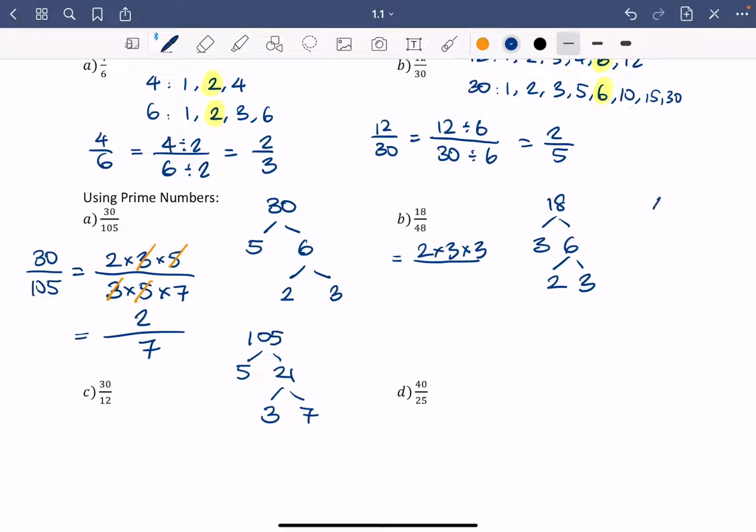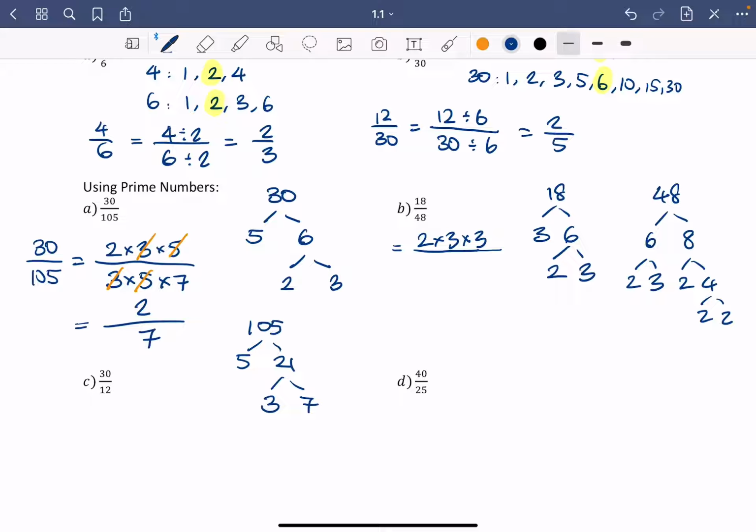Now let's look at 48. 48 is a product of 6 and 8. 6 is a product of 2 times 3, and 8 is 2 times 4.